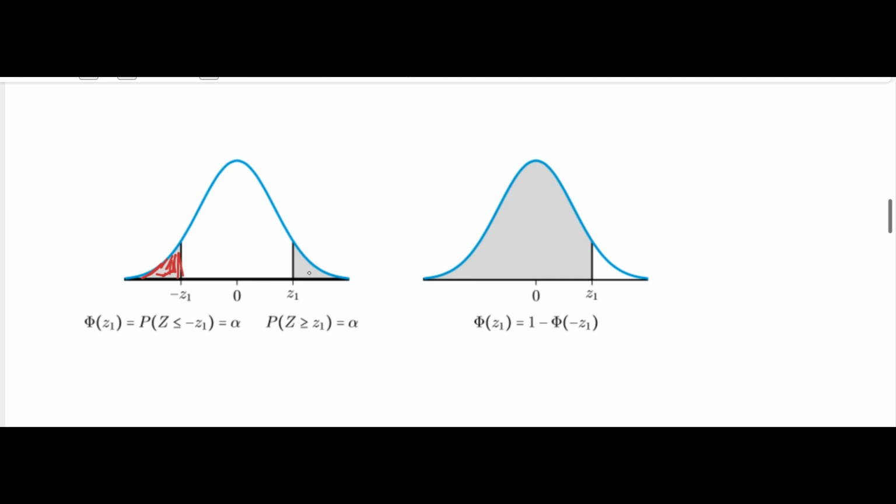If you have a positive value, you can find the probability of Z bigger than that positive z-score, which is the same as phi of minus z1. And if you want to find phi of z1, you subtract from 1. A little reminder, phi of little z is just the CDF of the normal distribution.